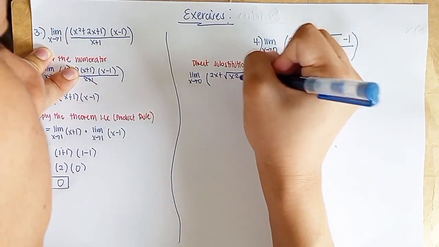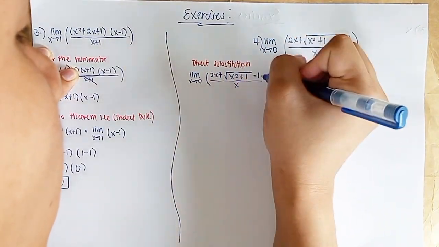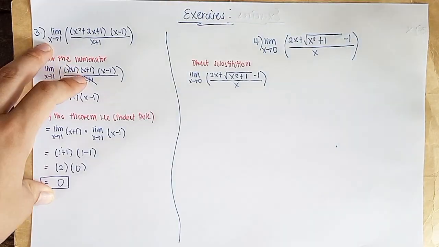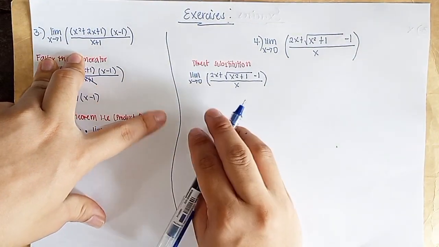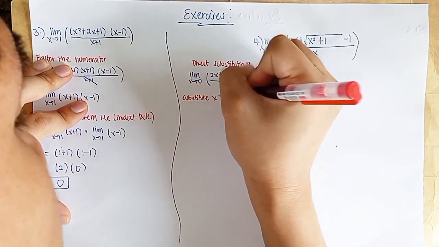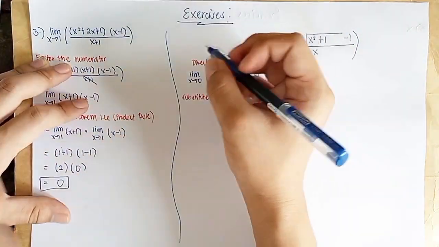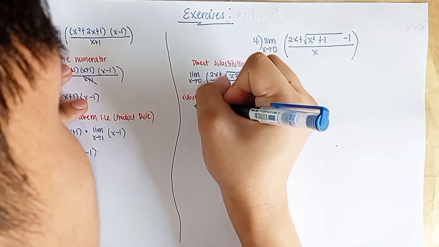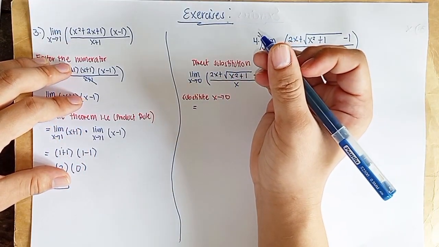First, let's see if we could get the limit of this function by direct substitution. The limit as x approaches 0 of (2x + square root of (x squared + 1) - 1) over x. We substitute x approaching 0.